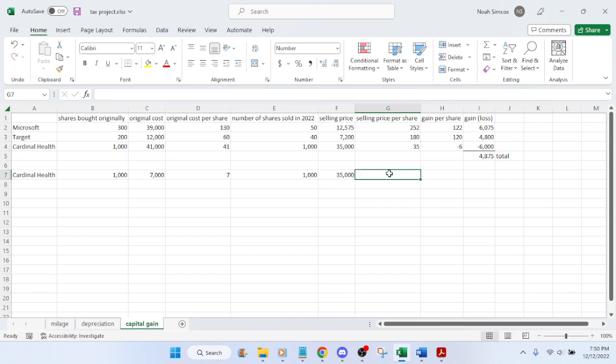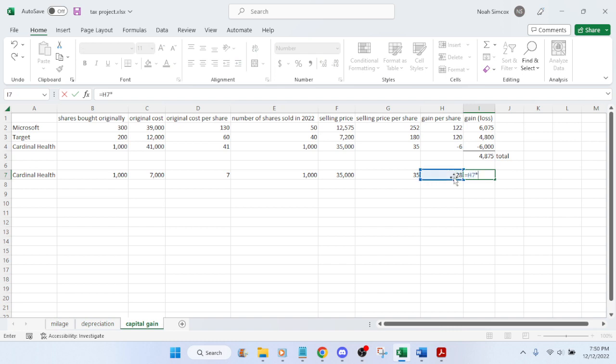So the selling price per share equals this divided by this. 35. We already got 35. So this equals this minus this. So we get equals this. Okay, so this is going to be a ridiculously large gain of $28,000 in this case.